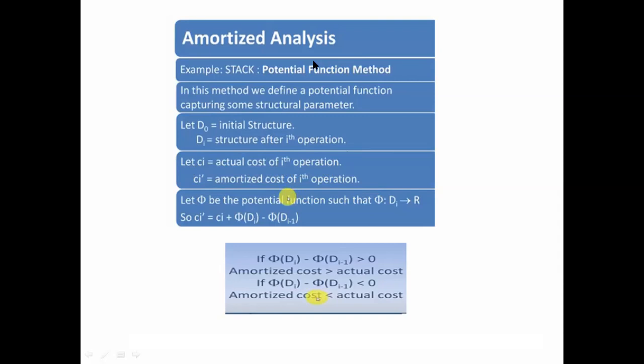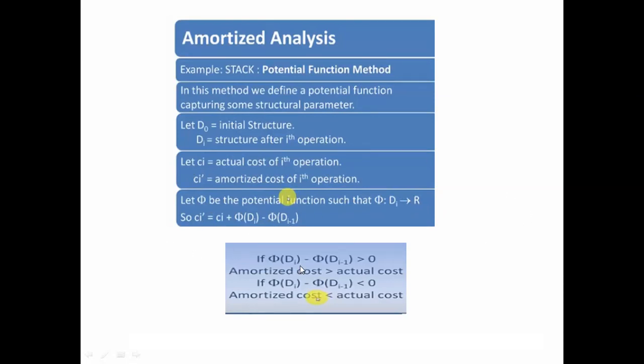The potential function is represented by phi, such that phi of Di is a real value for the structure. So we have Ci dash equal to Ci plus phi of Di minus phi of Di minus 1.